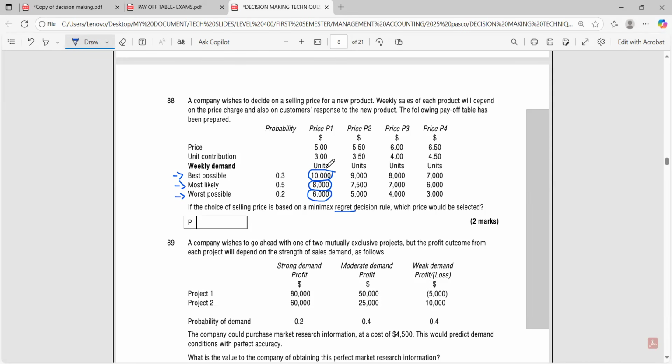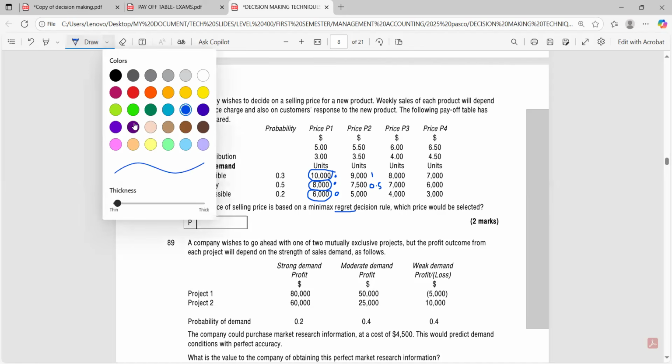So it means that if you are preparing the regrets table, this becomes 0, this becomes 0, this becomes 0. Here will become 10,000 minus 9,000, which is 1,000. This one will become 8,000 minus 7,500, which is 500. You get the picture. This will become 1,000.